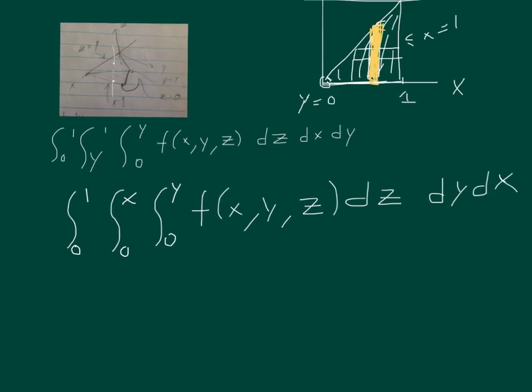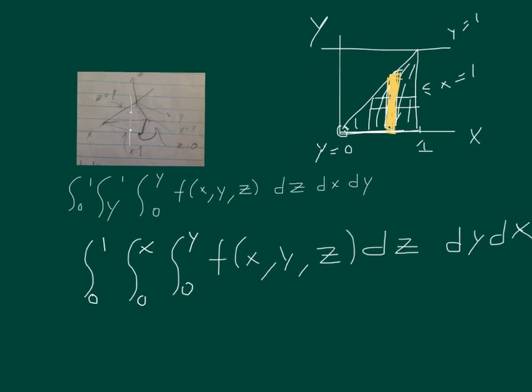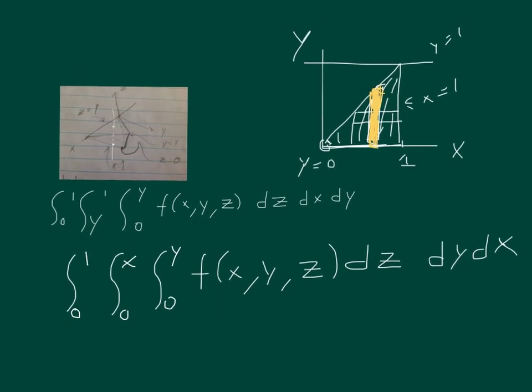So once we've done this, it's important to understand that we've fully exhausted the orders of integration while keeping the inner integral as the z variable. So once we have dz corresponding to our inner integral, there's only two orders that we can flip these two around. It's either dx dy or dy dx.